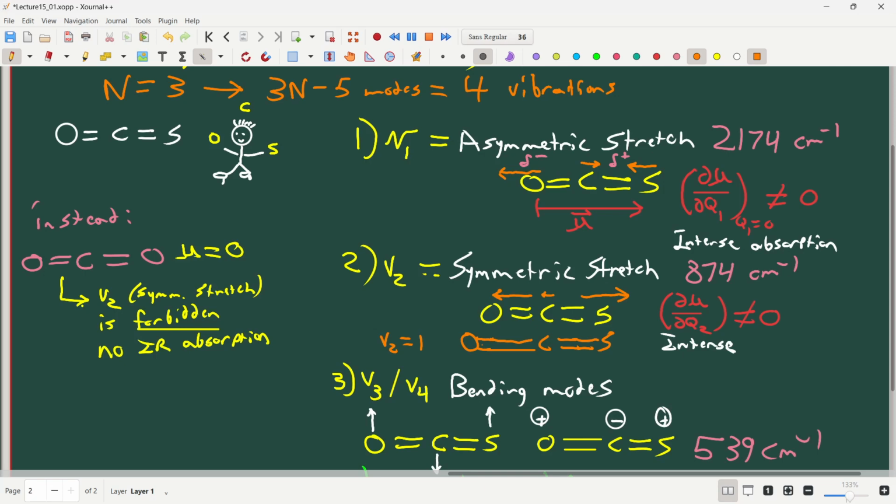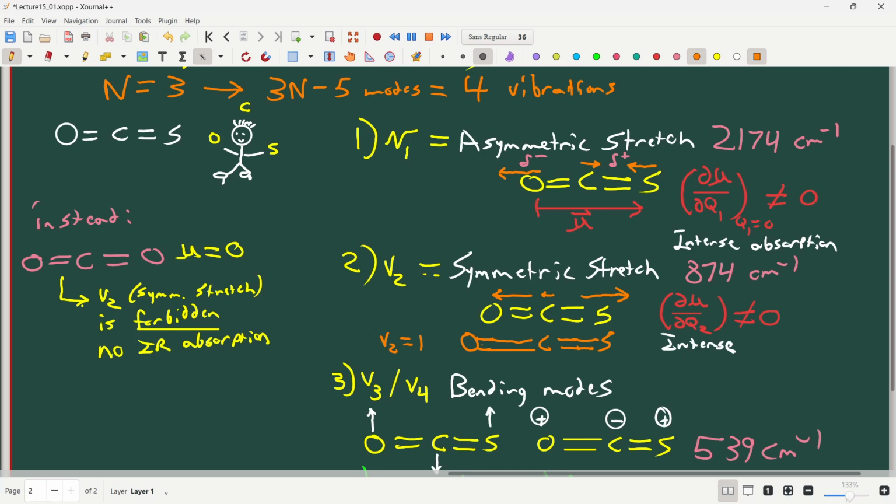Yeah. Okay. So that's unique to the fact that we don't have symmetry along this plane right here. We have a sulfur and oxygen. So when you have just two oxygens, then you get that perfect symmetry along this axis. The molecule is the same on both sides, so when you stretch along that coordinate equally, you don't get a change in the dipole. Okay?